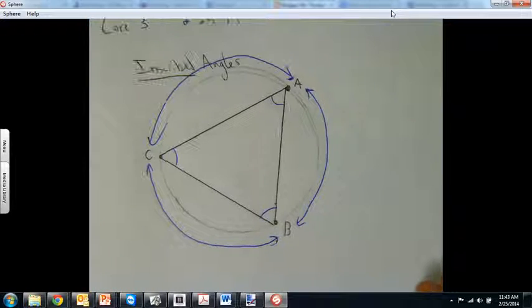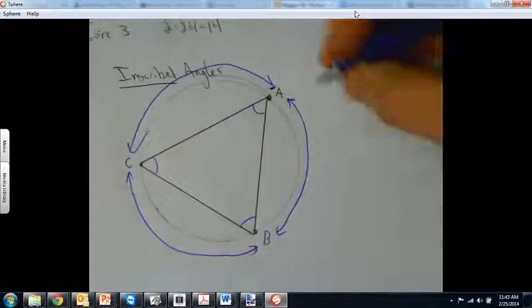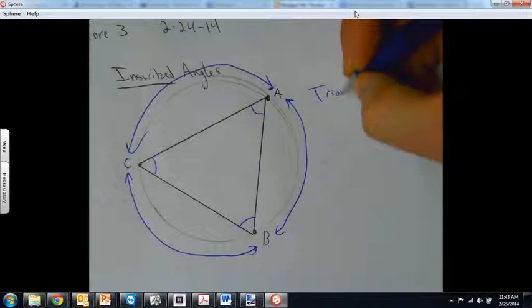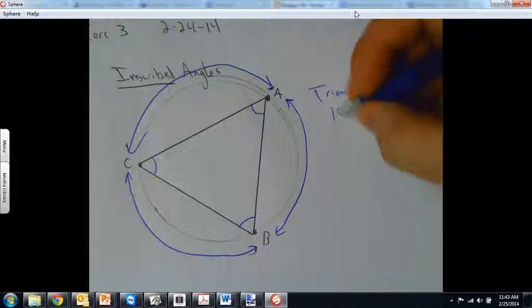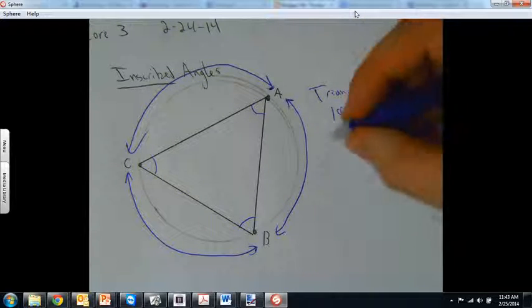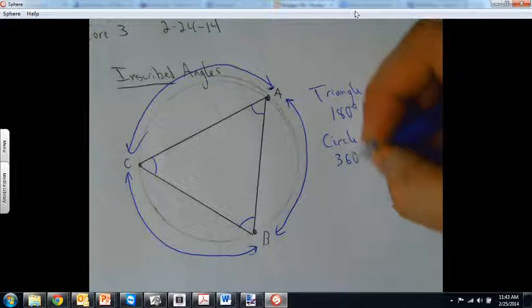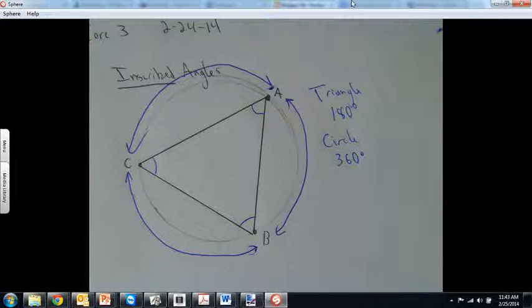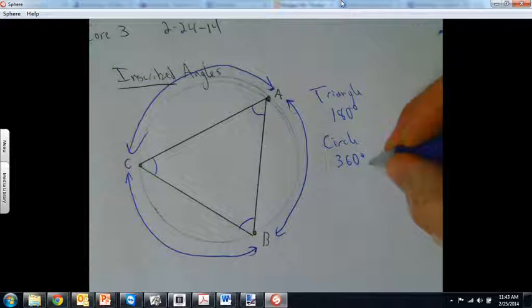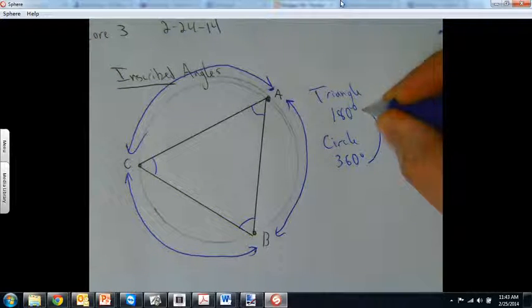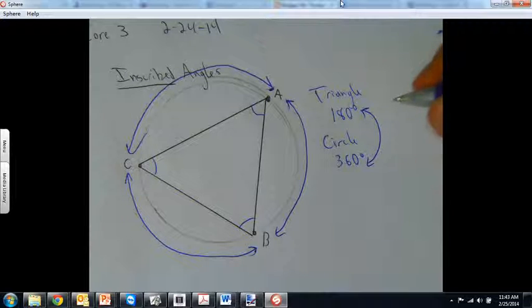Before we go on, we need to remind ourselves that in a triangle, we have a total of 180 degrees. In a circle, we have a total of 360 degrees all the way around. Now, we can already tell there's a relationship here. Okay, 180 is half of 360.